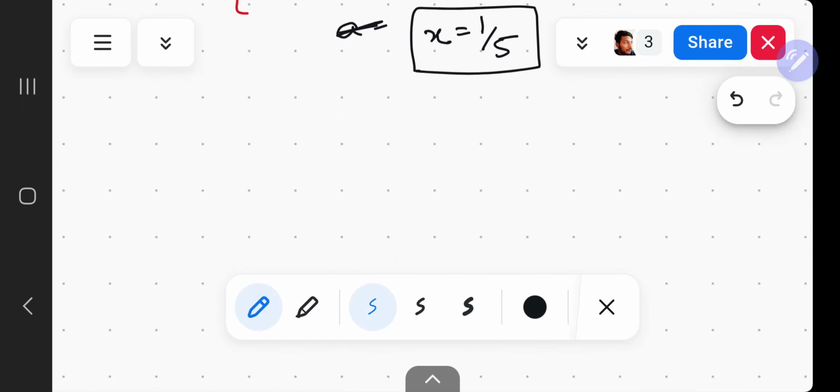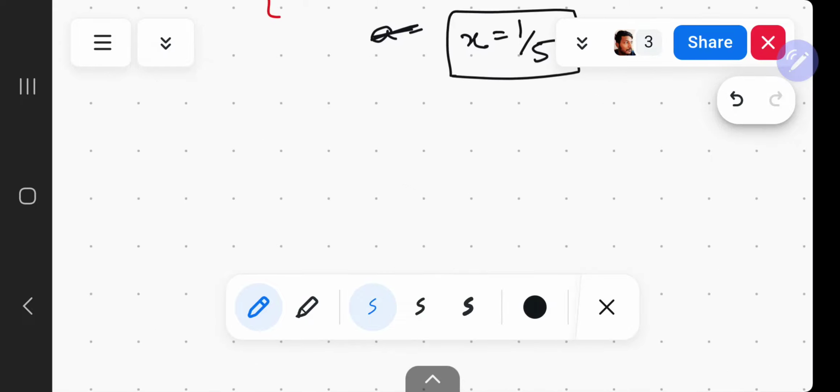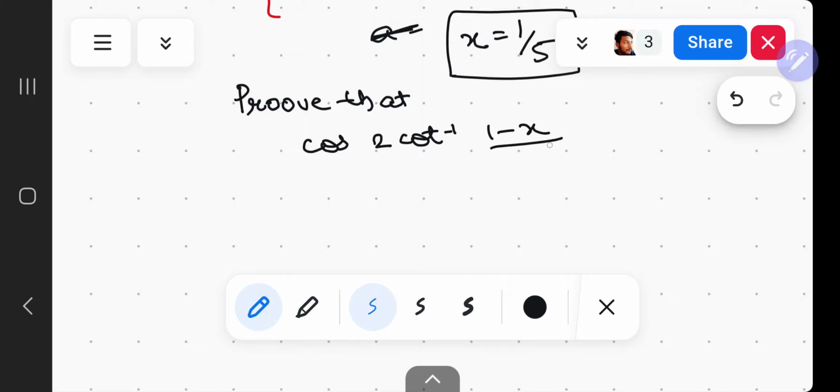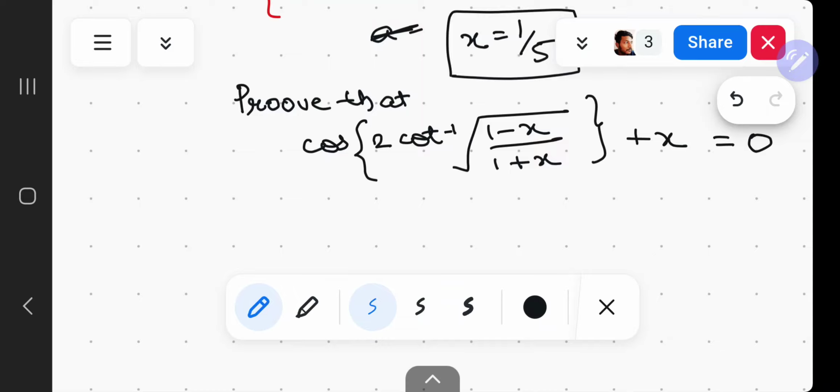Now for the next question, we have to prove that cos of 2 cot inverse root of (1 minus x over 1 plus x) plus x is equal to 0.